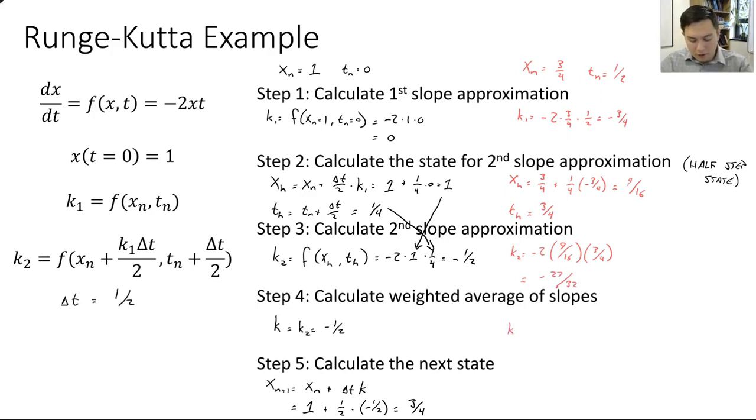And so again, our k value then would just be minus 27 over 32. And then our full step would be xn plus 1 is equal to the current state, which is 3/4, plus a full time step, which is a half, times our slope, which is minus 27 over 32.